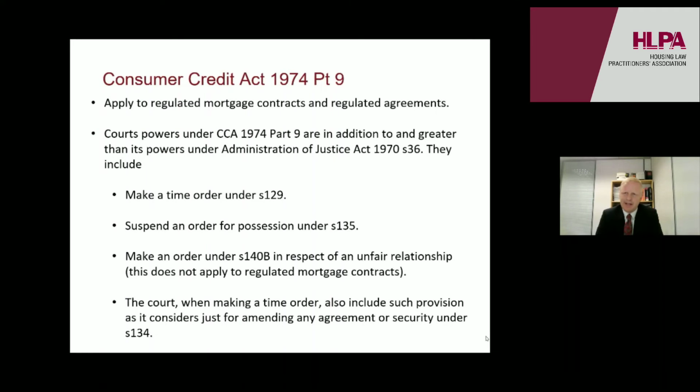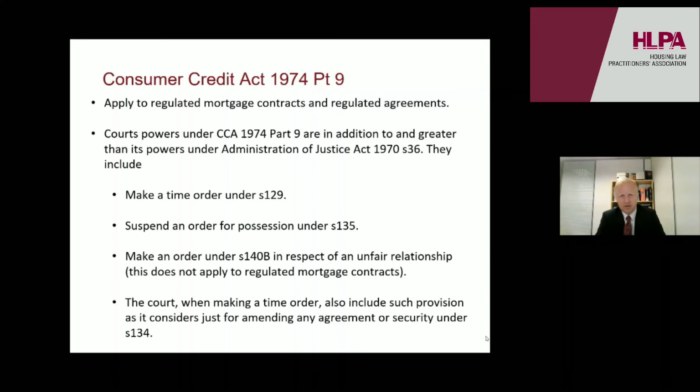So, as I've already said, Part 9 of the Consumer Credit Act applies to regulated mortgage contracts and regulated agreements, albeit the unfair credit relationship provisions do not apply to regulated mortgage contracts. What are the powers under Part 9?